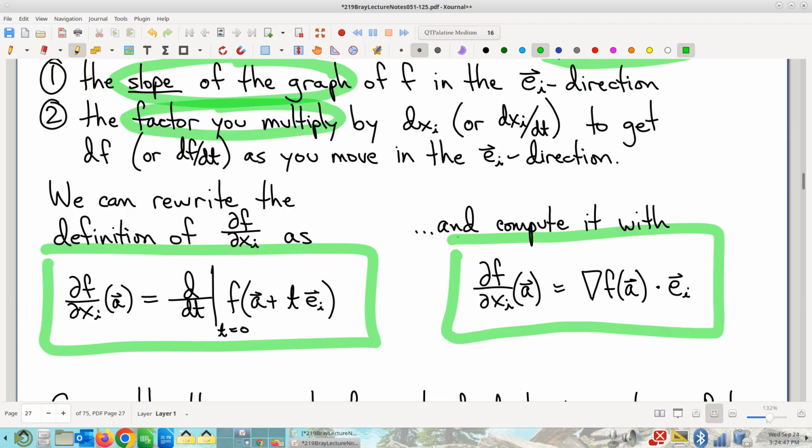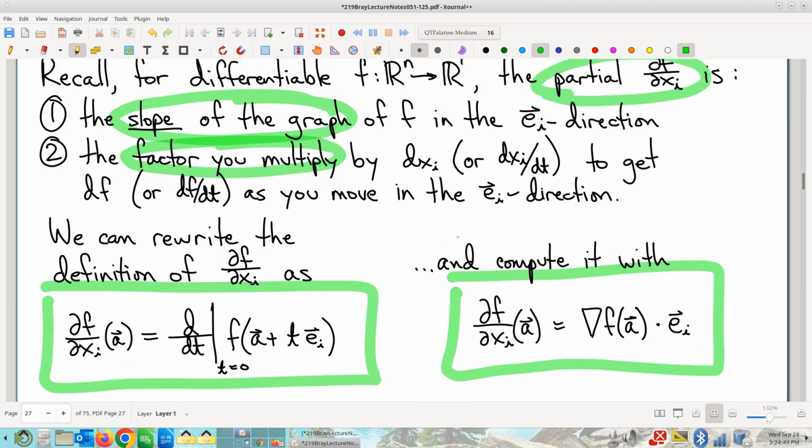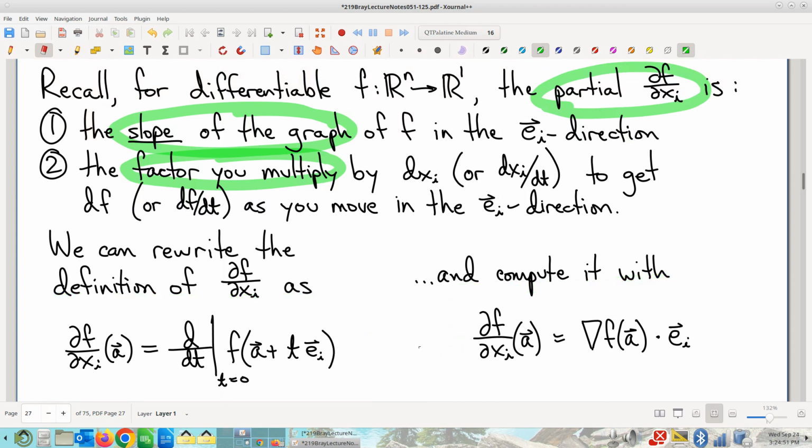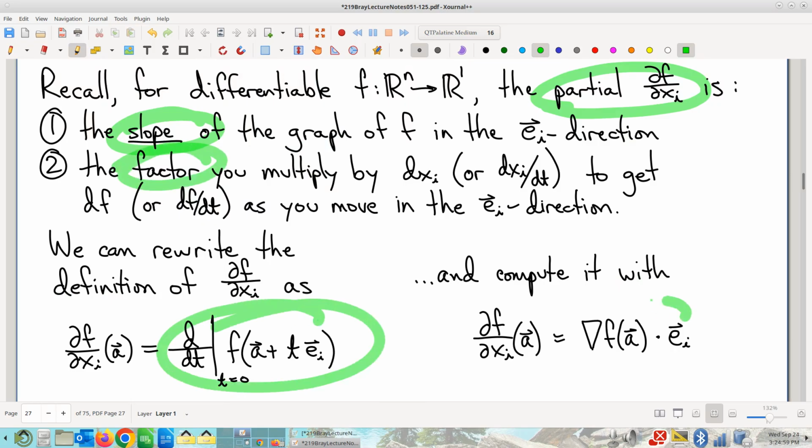Okay, let me say all this again just to summarize. What do we know about partial derivatives? We know a partial derivative is a slope, it's a factor, and it's computed by that formula, and it's computed by that formula. Not clear why we would care yet, but bear with me. And the asterisk, the catch, again, is that this only works for standard basis vectors.